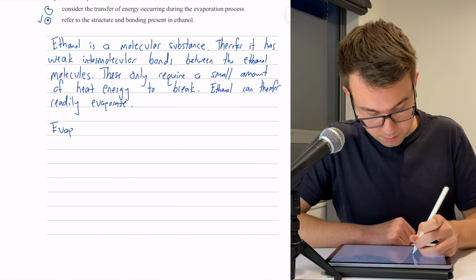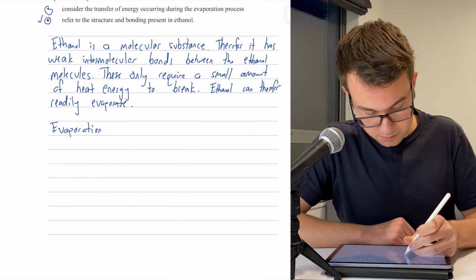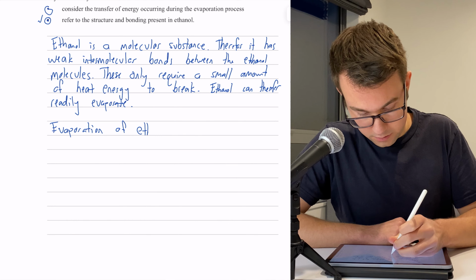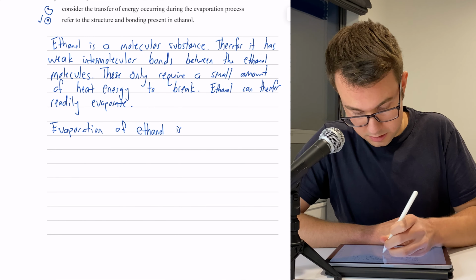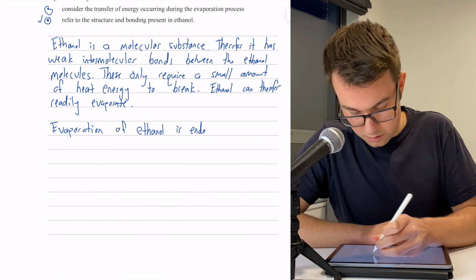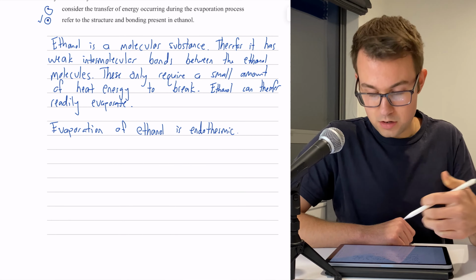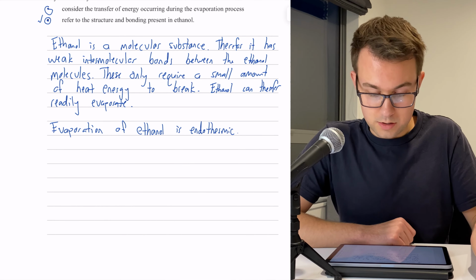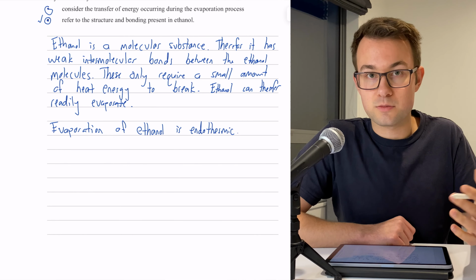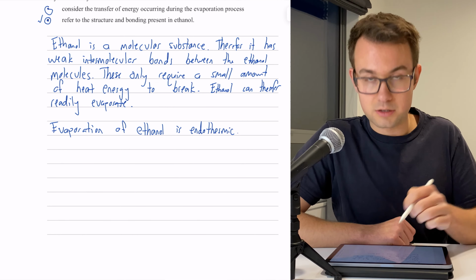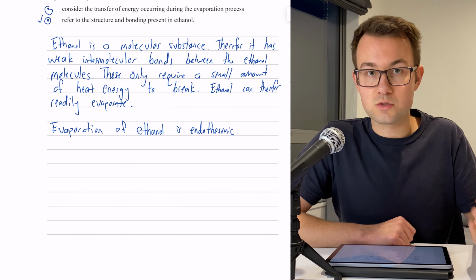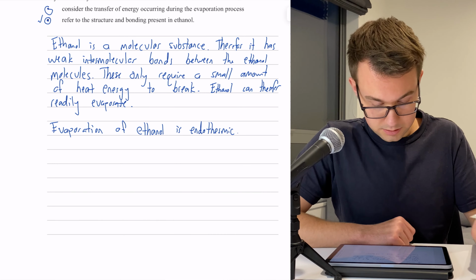The evaporation of ethanol is endothermic. Now, why is it endothermic? Well, it needs to get the energy from somewhere to break these intermolecular bonds, so it's got to absorb energy from its surroundings.